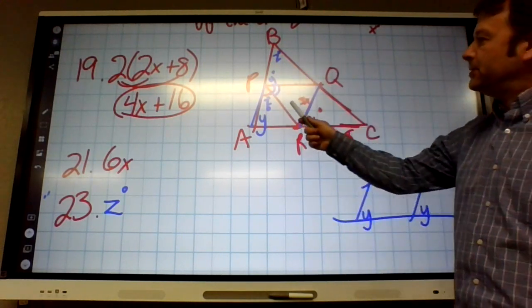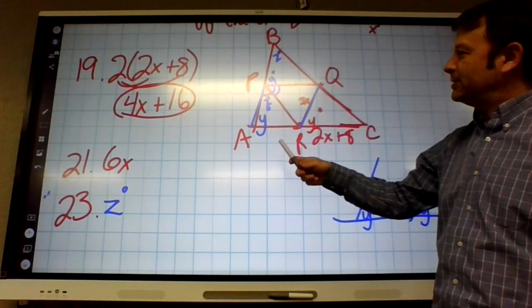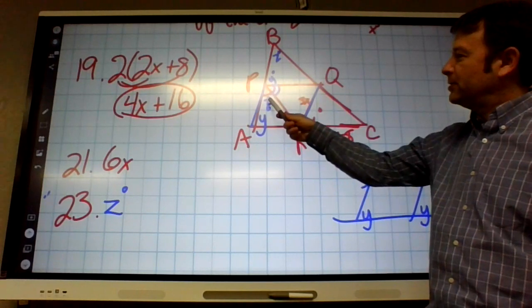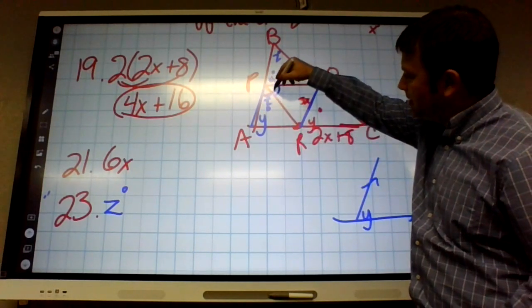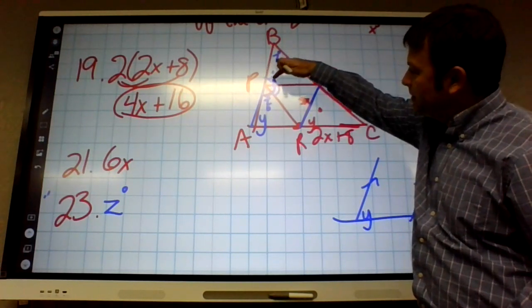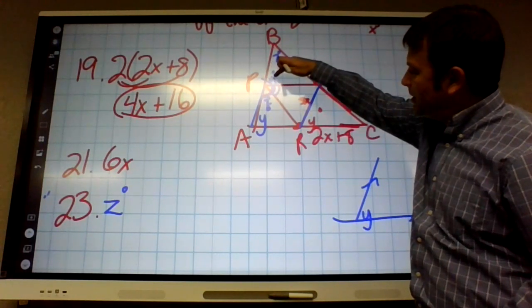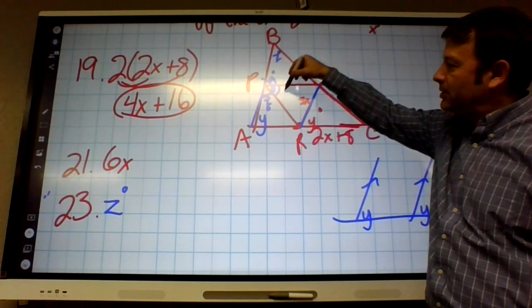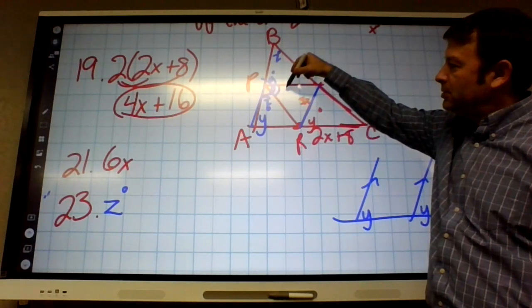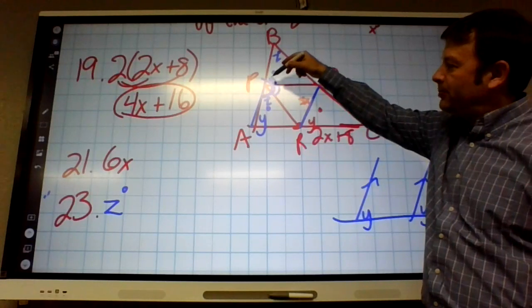What do I know about these three angles? They're gonna add up to 180. So let's say we knew what Z and Y were. How would we find this angle in here? We do 180 minus those two.